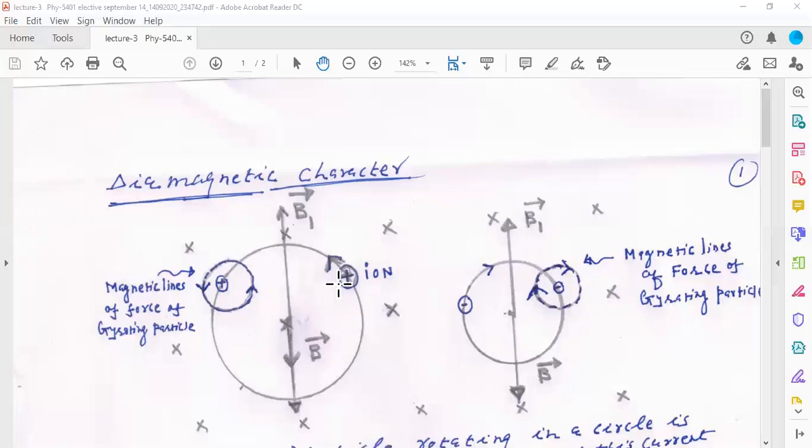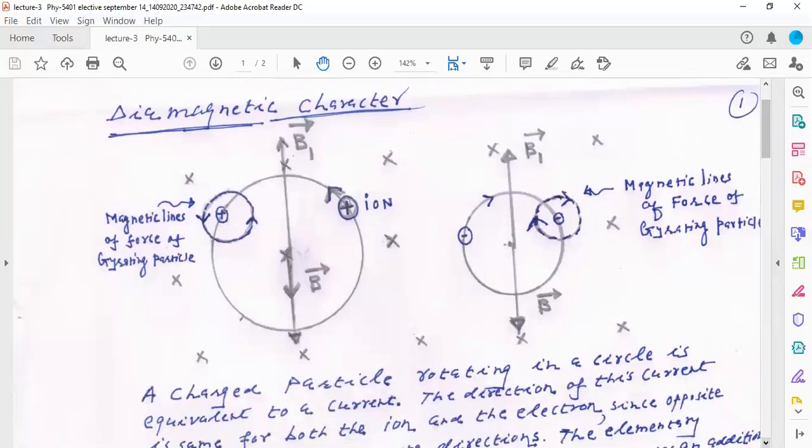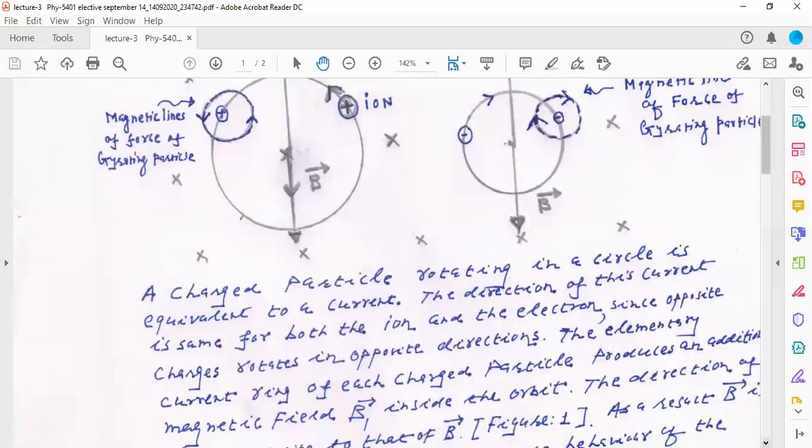So let us calculate the magnetic moment associated with this ring of current, because of the ion and because of the electron. We first write down the general expression of the magnetic moment associated with the ring of current.